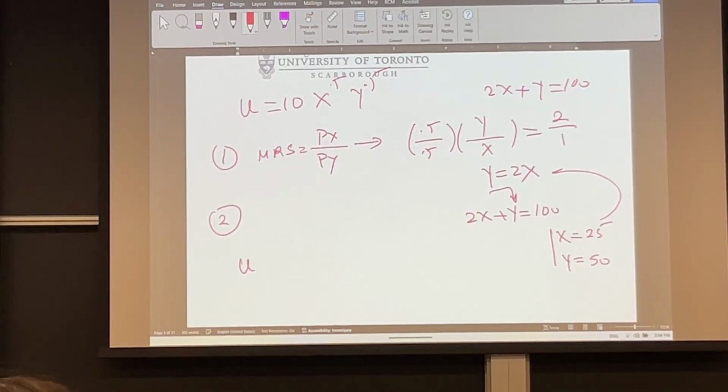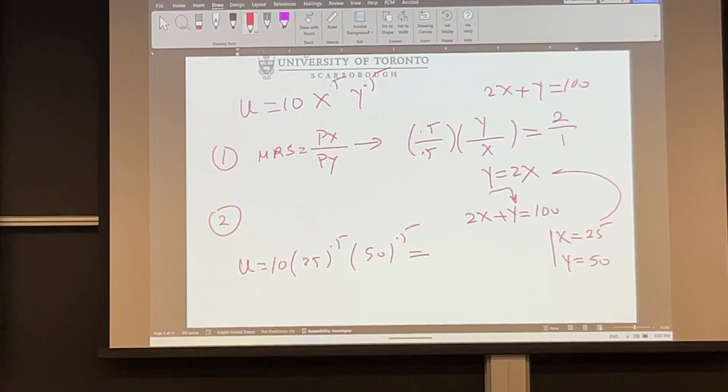I can calculate the happiness this individual gets. He gets 10 times 25 to the power of .5, 50 to the power of .5. How much satisfaction does he get from consuming the optimal bundle? That is the maximum satisfaction he can ever get.